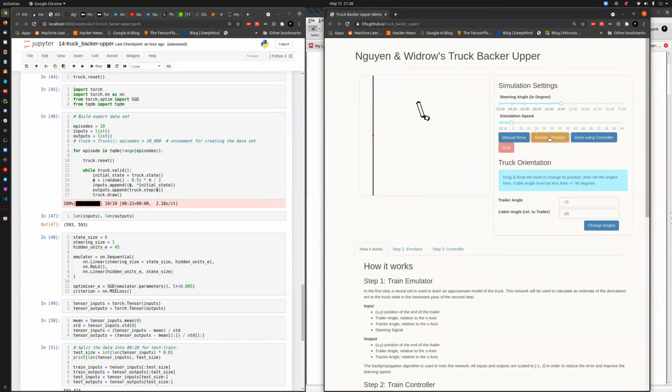So this truck can only move in the backward direction.